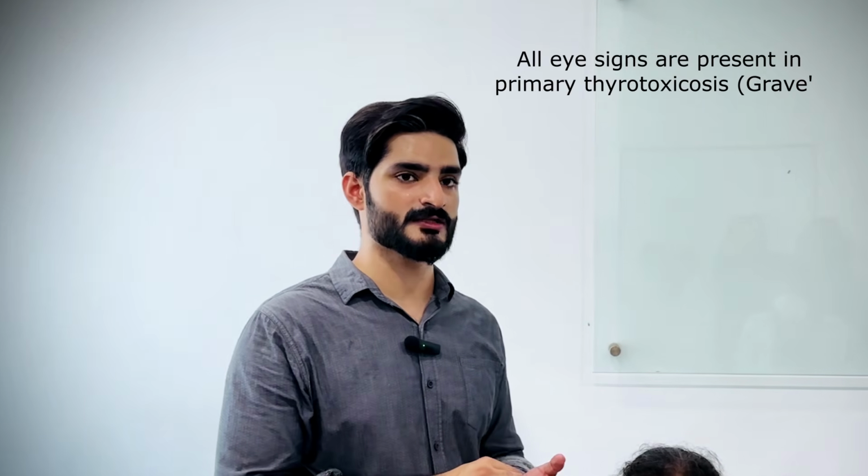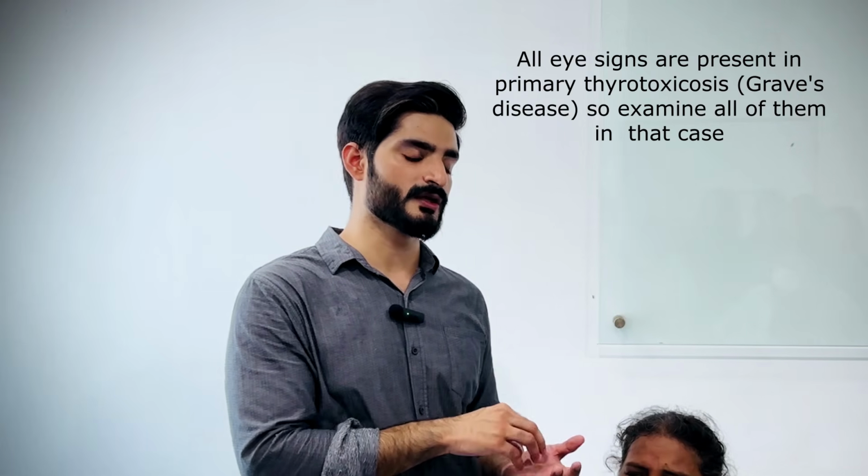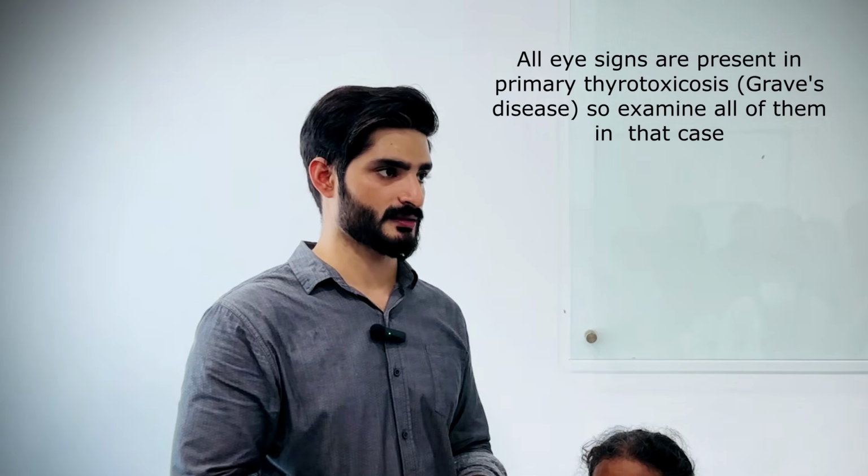But if it is Graves' disease, there is diffuse enlargement, antithyroid receptor antibodies are positive. In that patient, you will notice all the eye signs: proptosis, lid lag, lid retraction, Mobius sign, Von Graefe's sign. All those signs will be positive in a patient with Graves' disease.